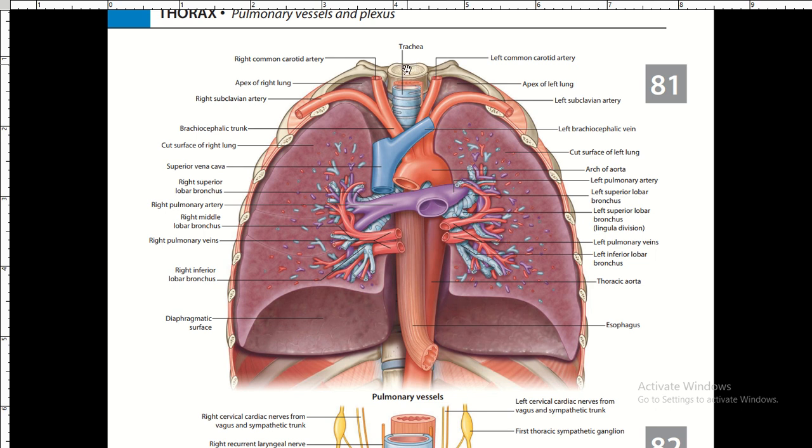So the inferior thyroid arteries will supply the upper part of your esophagus, which is the cervical part. As for the mid part, which is the longest, that is the thorax, the thoracic portion of your esophagus, it's going to be supplied by the bronchial arteries coming from the descending aorta. So remember, the descending aorta or the thoracic aorta is also going to give esophageal arteries that will supply the esophagus, right?